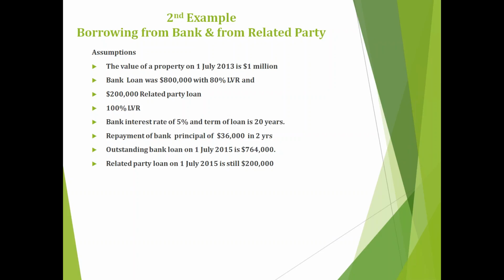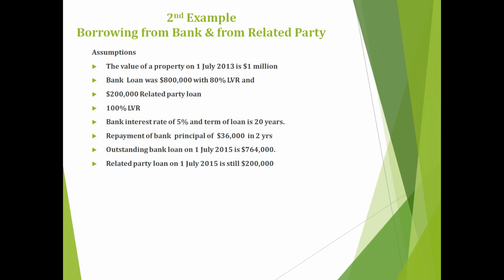When an SMSF borrows from a bank and a related party, for instance, same example as before, but with slight changes in facts. The value of a property on 1st July 2013 is 1 million. Assuming, for instance, the loan from the bank was 800,000 with 80% LVR, the balance of 200,000 was a related party loan. Let us further assume a bank interest rate of 5% and the term of loan of 20 years.